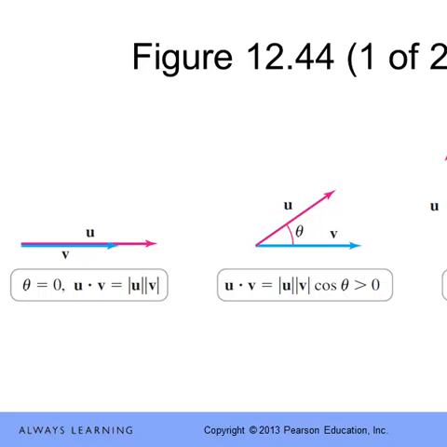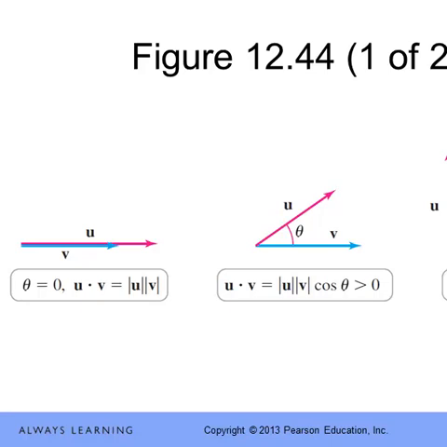So that means that u dot v will be some number that is smaller than the product of the magnitudes, but it's going to be positive, because we know that the cosine of an angle less than 90 degrees is some positive number, greater than 0, less than 1.